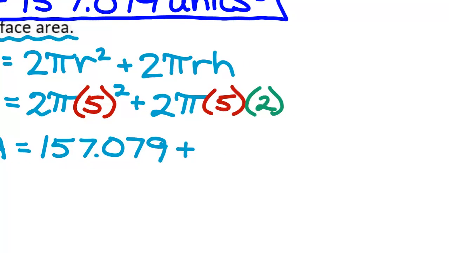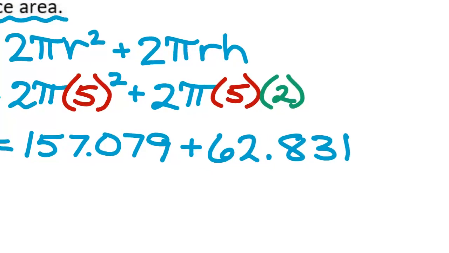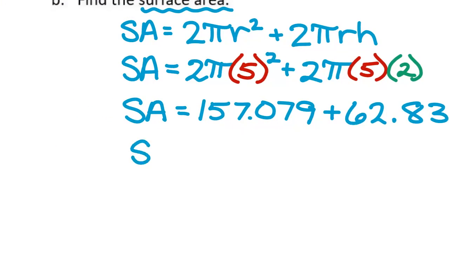Plus 2 pi times 5 times 2, which is the lateral surface area, the area of what would be the paper can label. 157.079. All right, so then we add those two together to get our total surface area.